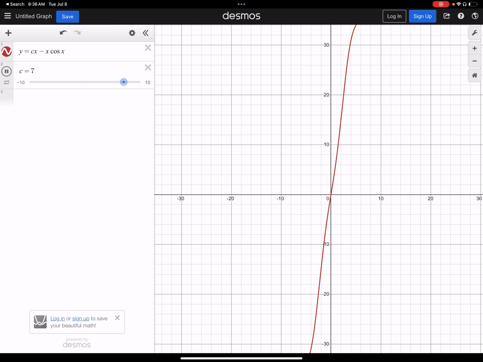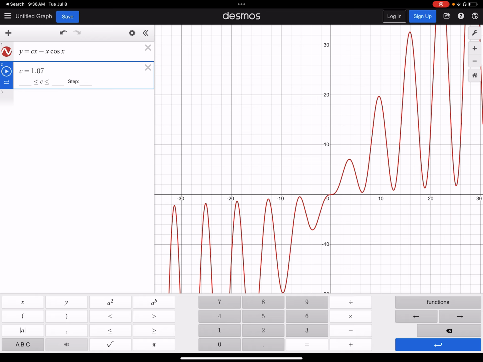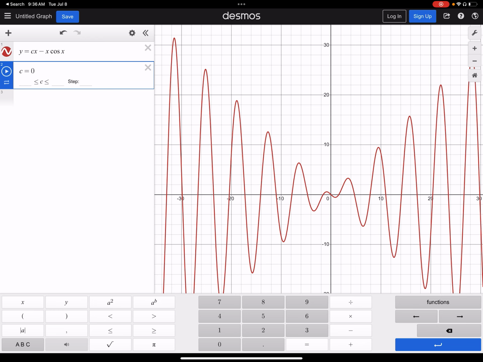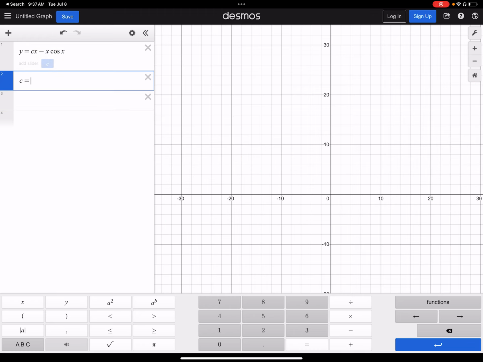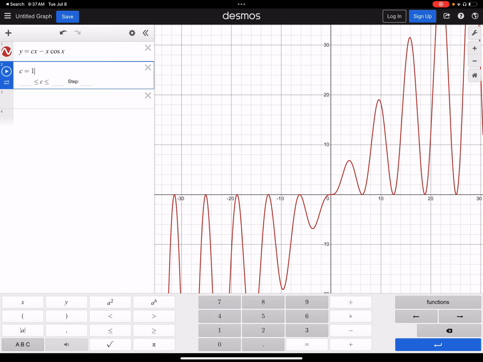So if c is 0, let's take a look. This is c is 0, we get it right there in the middle. So what is c doing then? If I go up by 1, let's go just nice pretty 1. Interesting. It's kind of neat because it's all hitting that axis there.